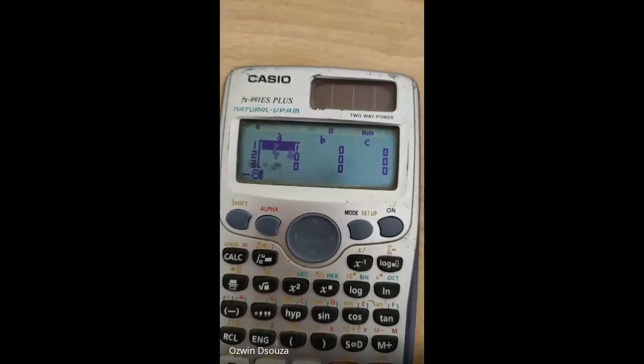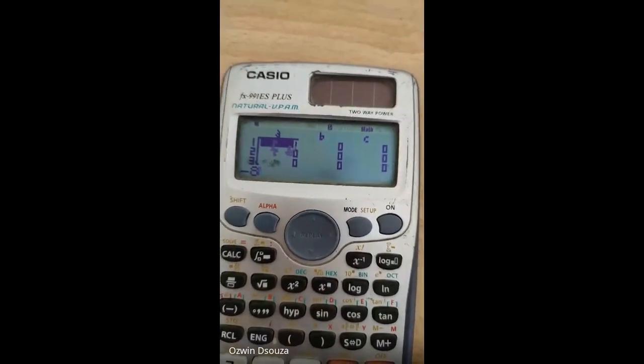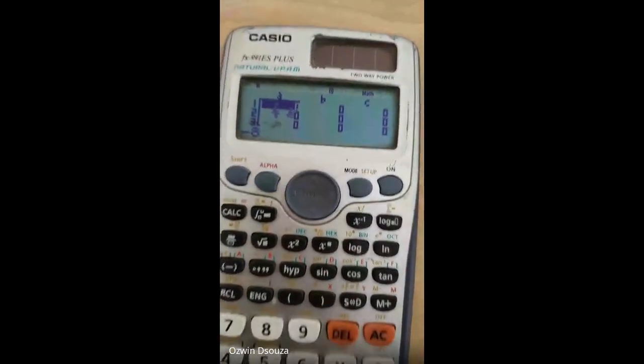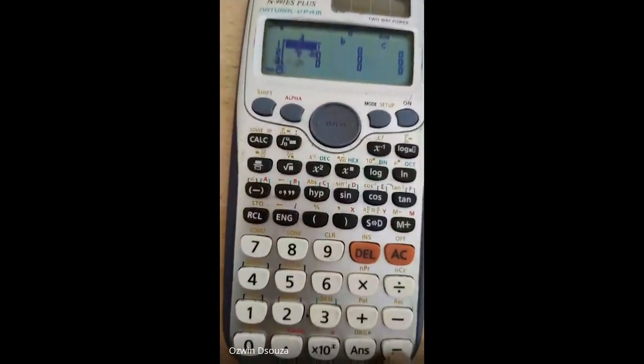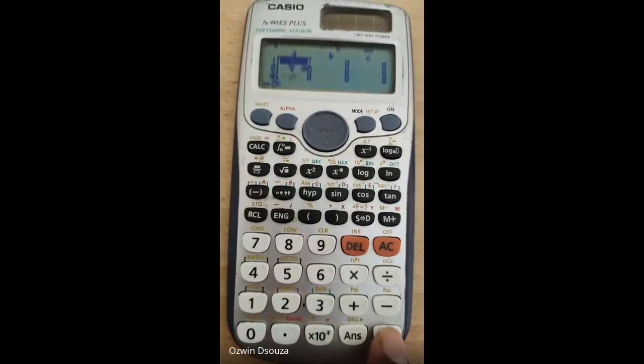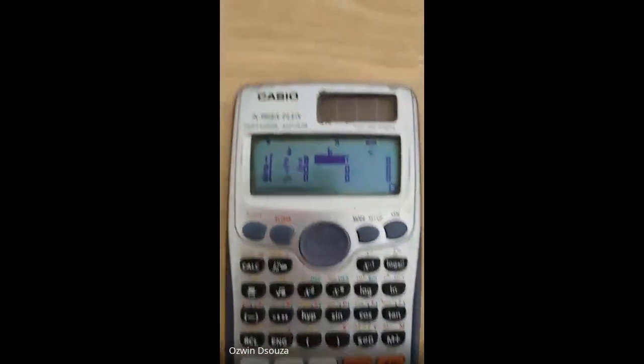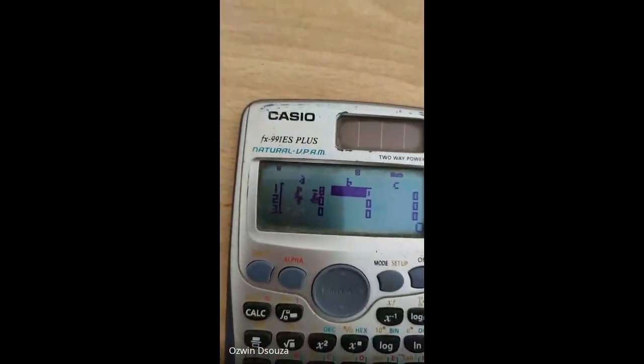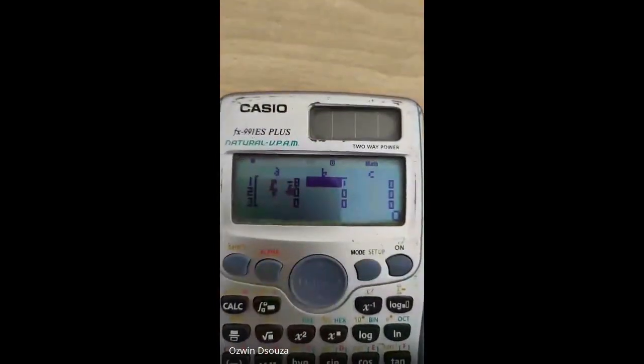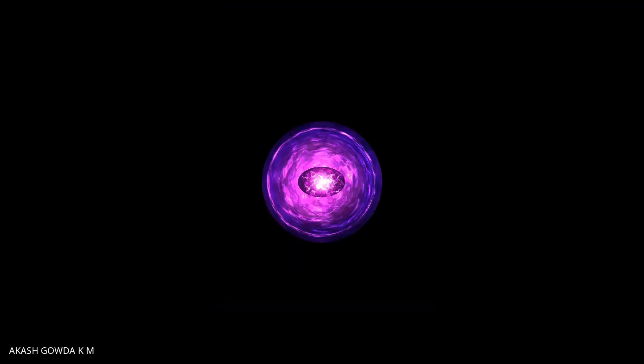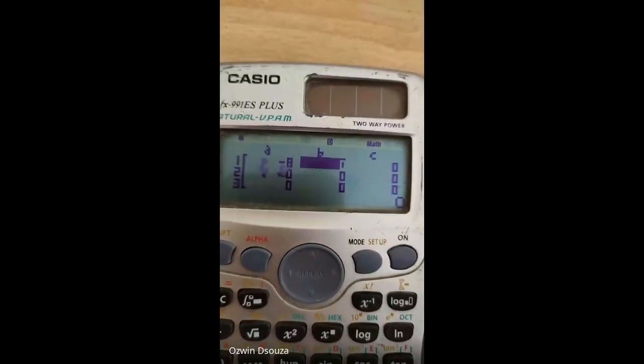Type -8. There is a minus sign, and then press equal. So -8 appears in your first element. Is it appearing? Yes, sir. Then you have to go on feeding the values.